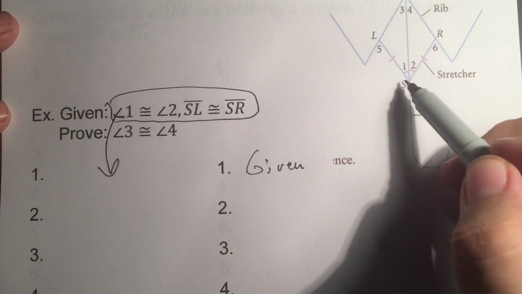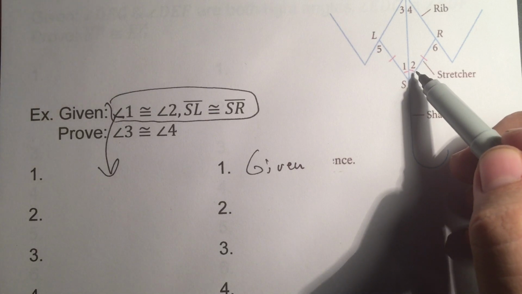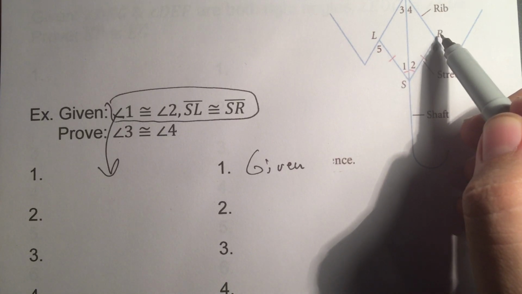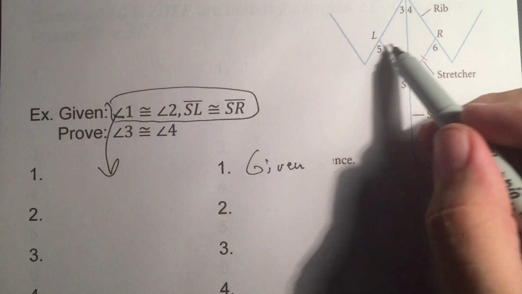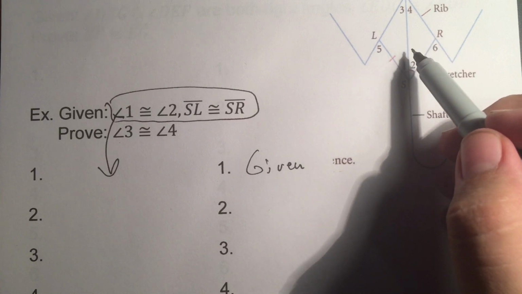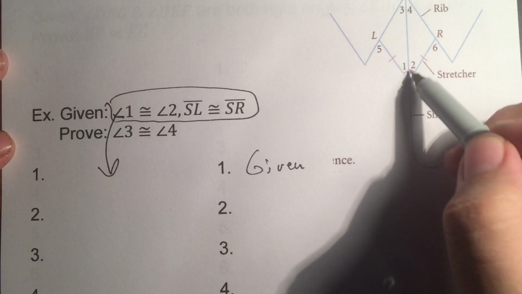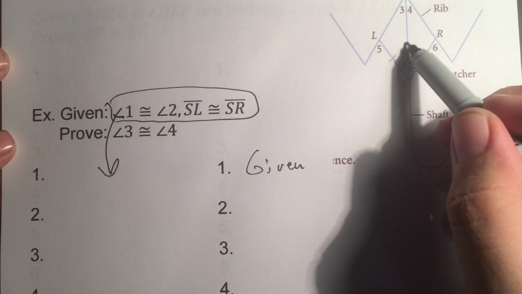Well, what do we know from there? We have a set of sides and a set of angles, so we either need another set of angles, which would be L and R, so that we could do angle, side, angle, but looking at these, there's really no way to say those have to be congruent. Or we can do another set of sides, so we can do side, angle, side.